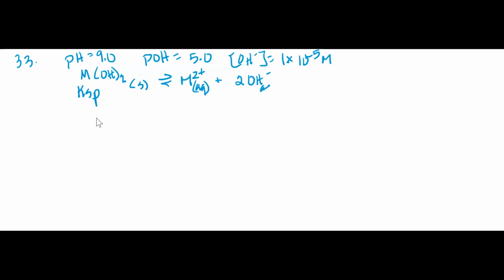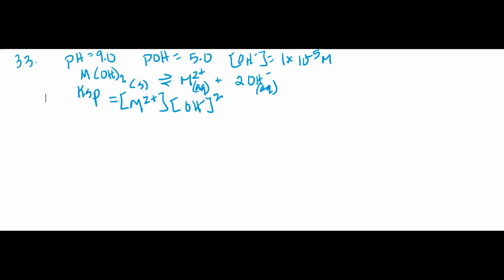So now we can write the KSP expression. That's going to be some metal times hydroxide ion concentration squared. So we know the concentration of the hydroxide ion.